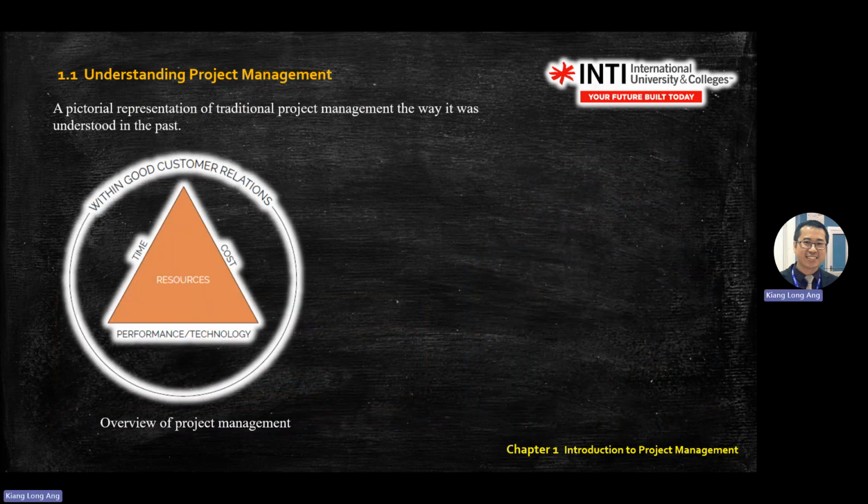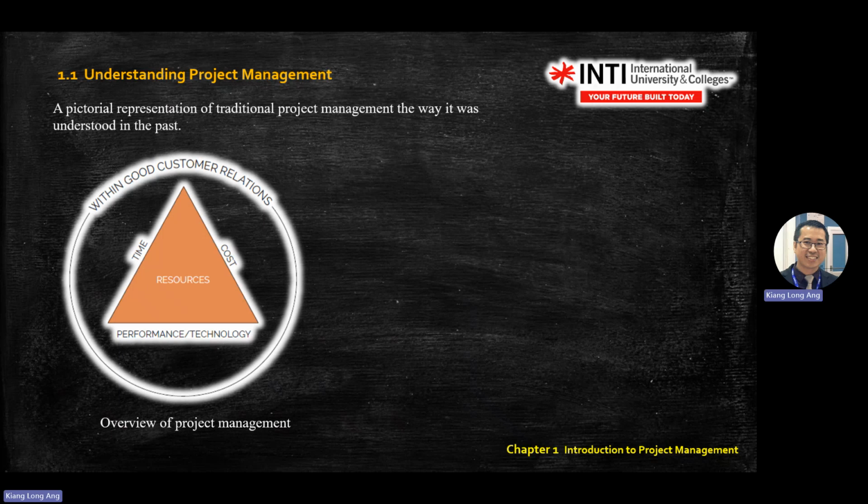Okay, so this is an important diagram. This is a project management overview diagram. So you are dealing with these 3, and you need to consider time, cost, and your technology or performance.